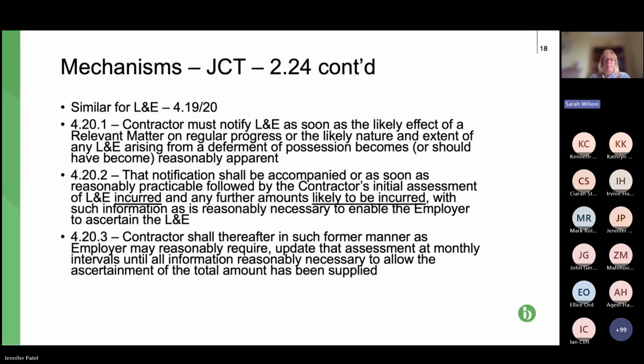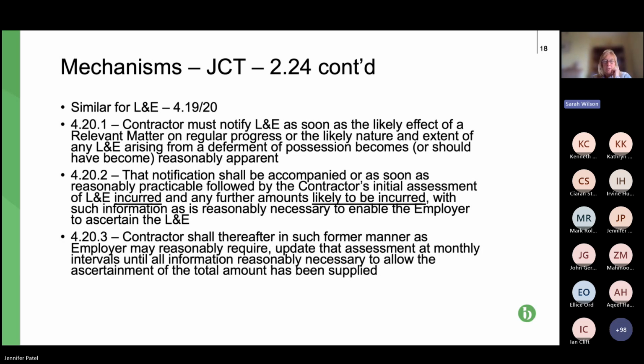Okay, so moving on to the mechanisms for the loss and expense. So this is clause 4.19 and 20. Very, very similar to what we've looked at. First notification, 4.20.1, notify the loss and expense as soon as the effect of a relevant matter on the regular progress or the likely nature and extent of any loss and expense becomes or should have become reasonably apparent.